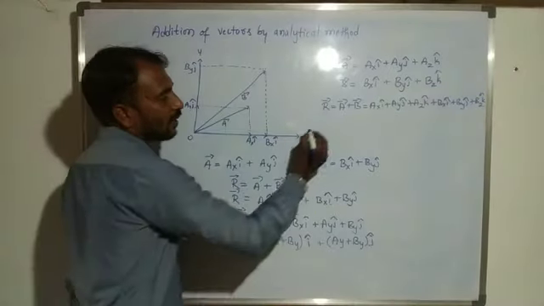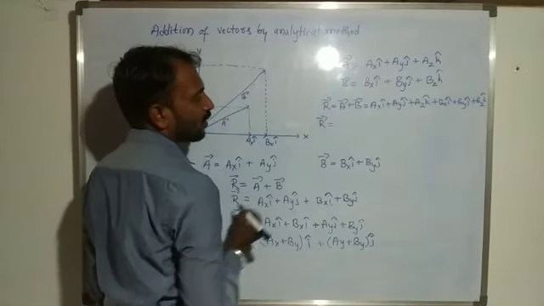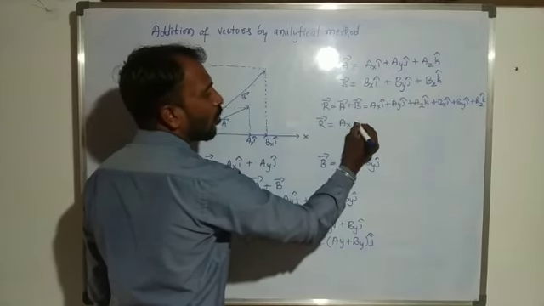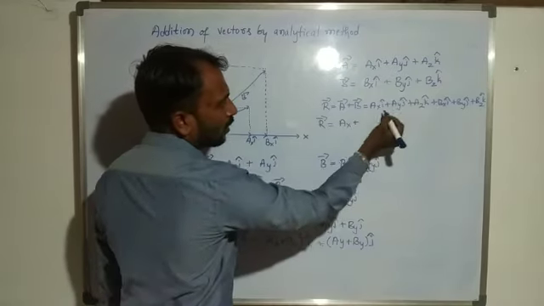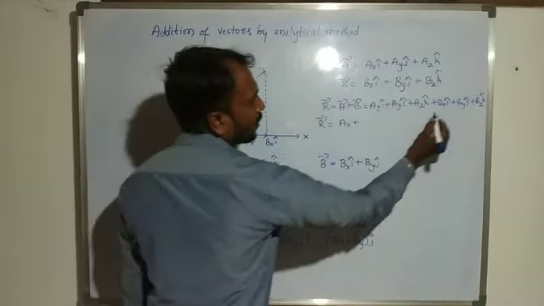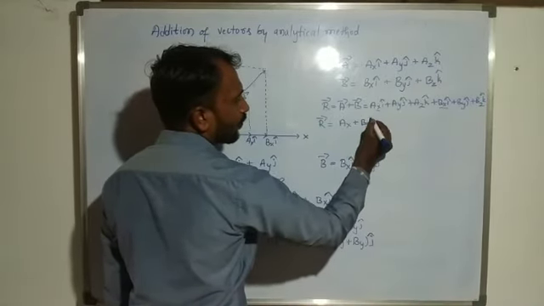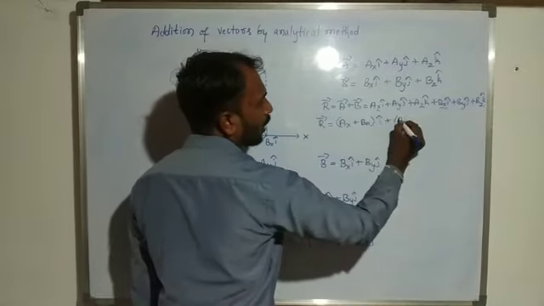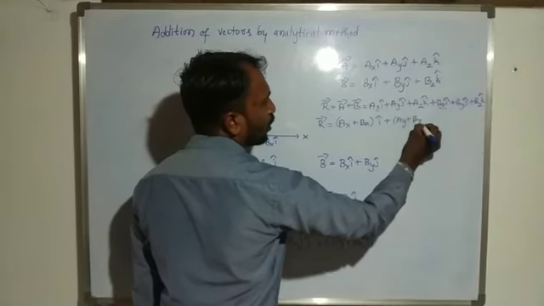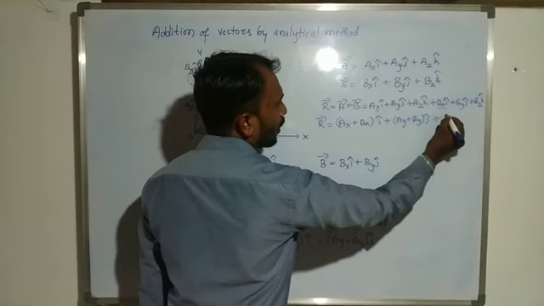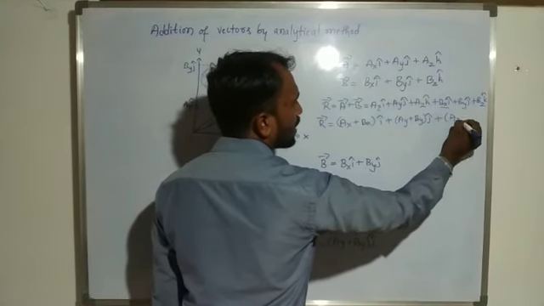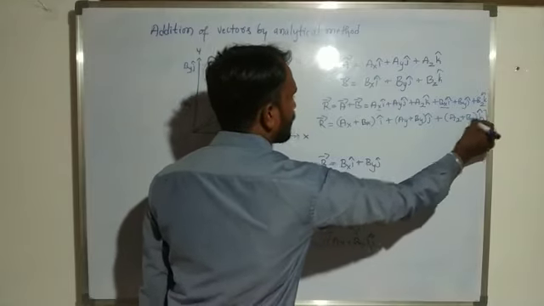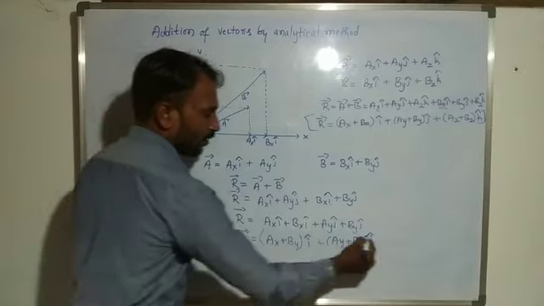So the final answer, the resultant vector R, is equal to Ax plus Bx into i cap, plus Ay plus By into j cap, plus Az plus Bz into k cap. This is the final resultant vector value.